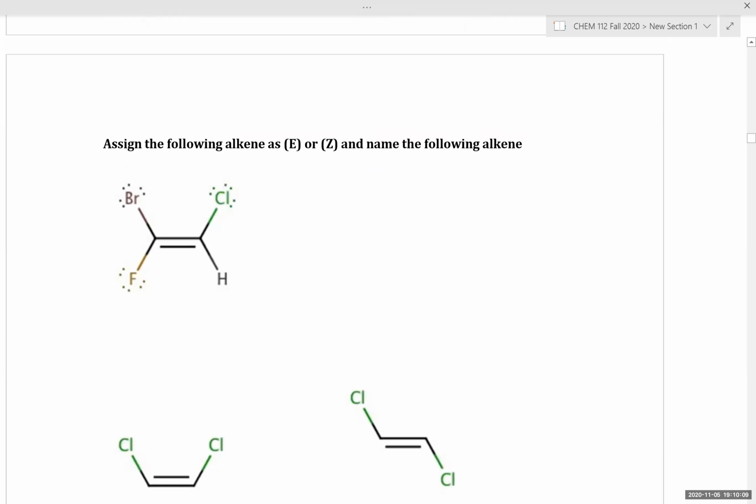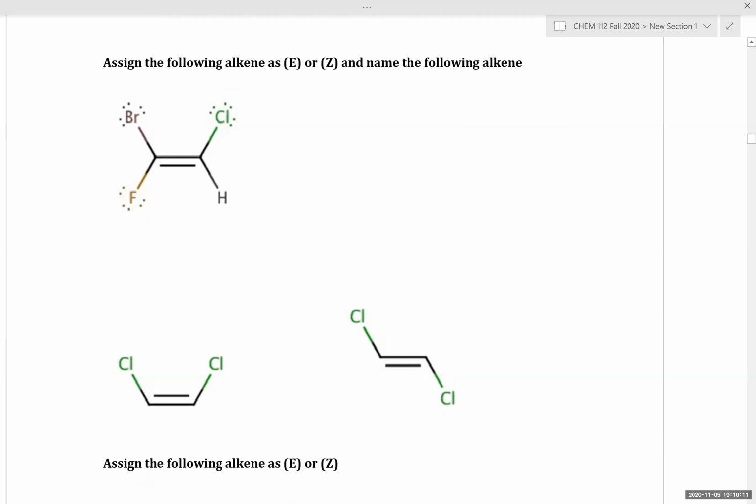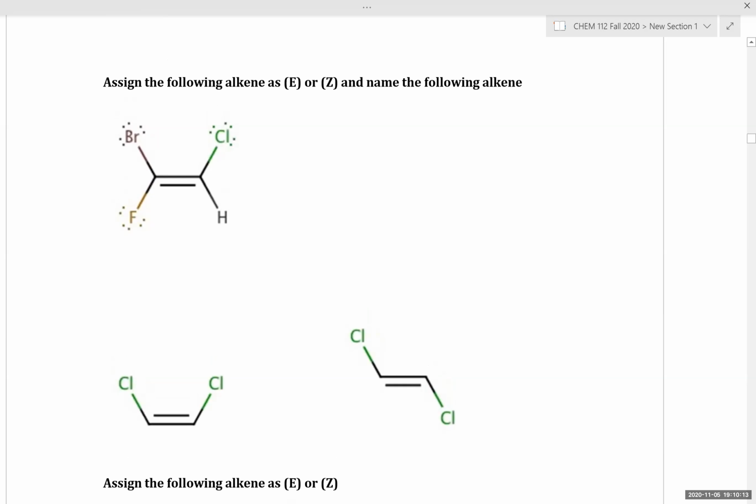Okay, so let's take a look and let's try to assign the following alkenes as E or Z. I'll do this first example and you'll do the second. So bromine compared to fluorine, bromine is higher priority, it has a higher atomic mass. Chlorine is obviously higher priority than hydrogen. So I'm going to circle my high priority substituents. They're on the same side, so this would be a Z alkene.